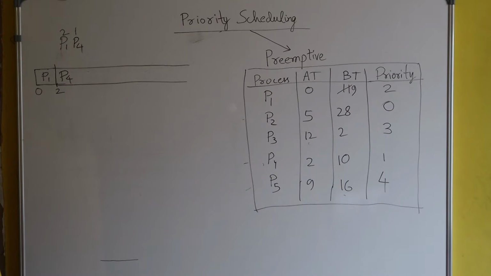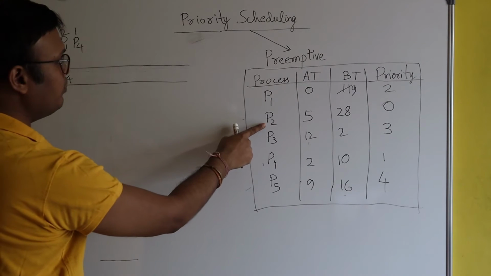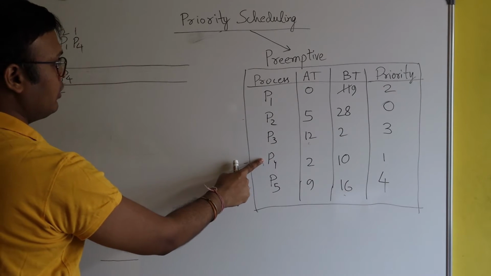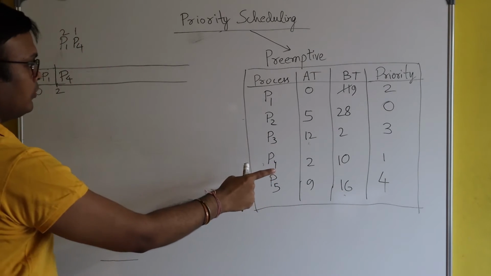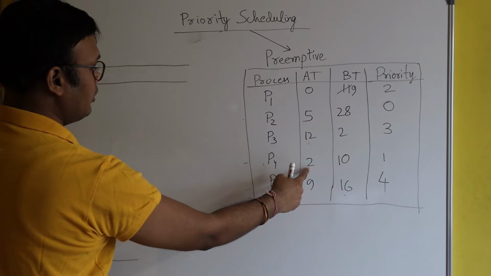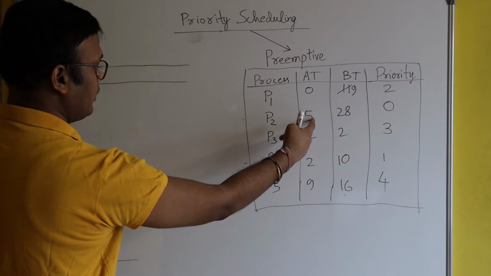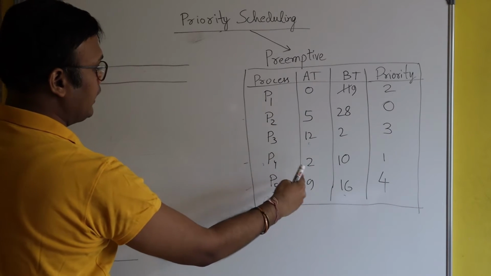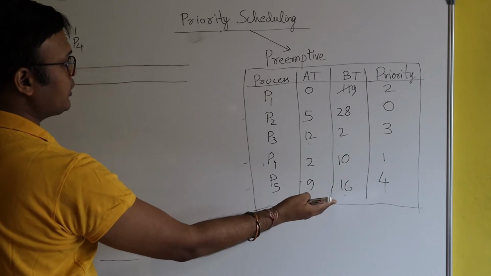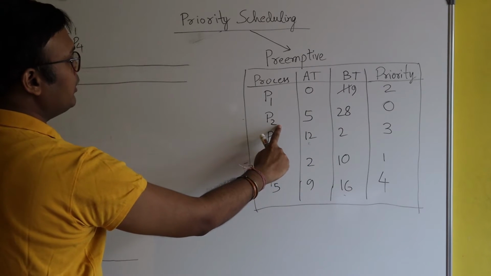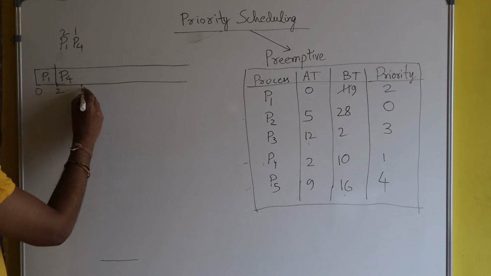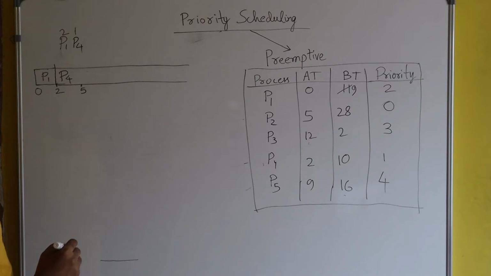Fine. So now P4 runs from the second second to the fifth second. At the third second no process arrives, at the fourth second no process arrives, but at the fifth second P2 has arrived. So from the second to the fifth second, which processes are available?